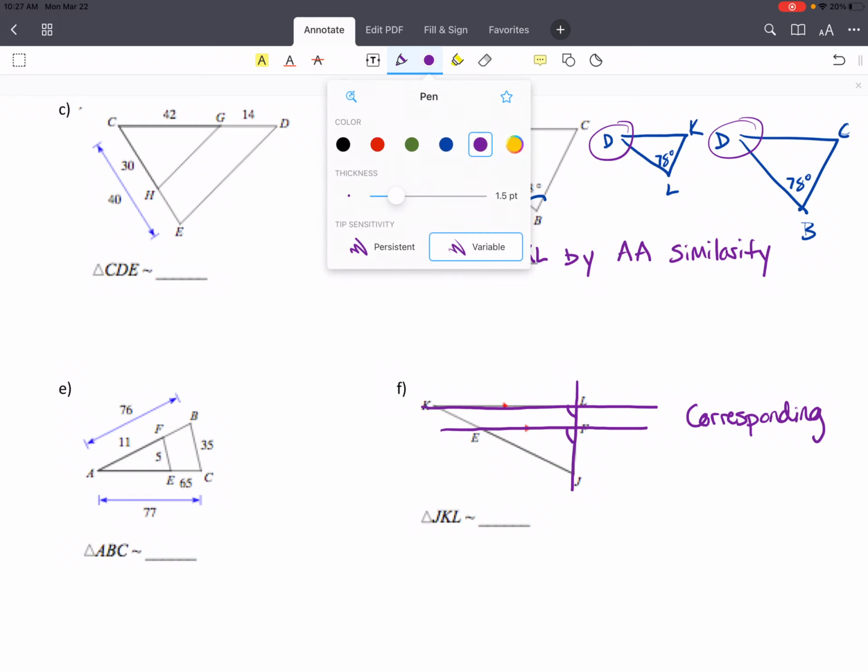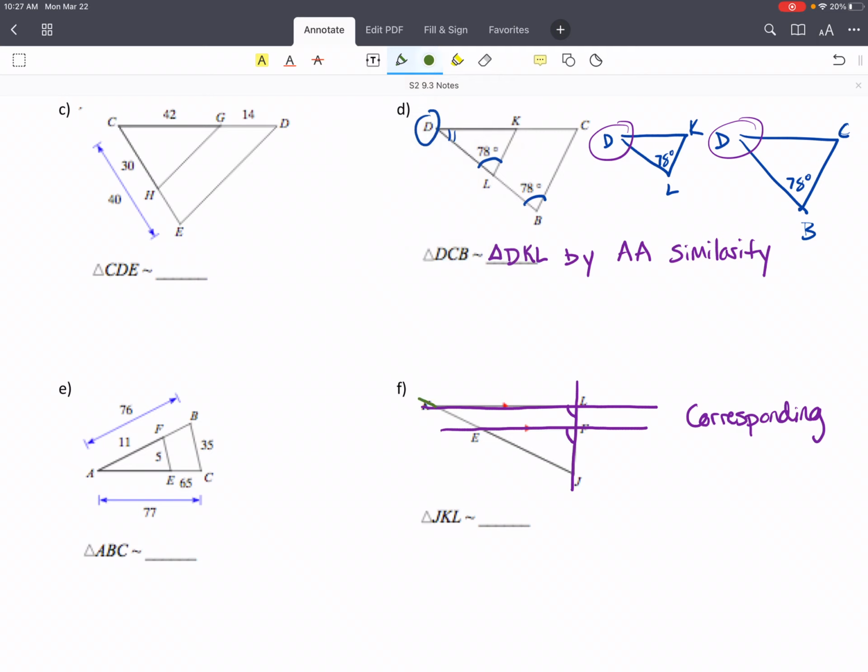If I was to do the same thing on the other side, I also have corresponding angles here. So I am getting that these two triangles are similar.